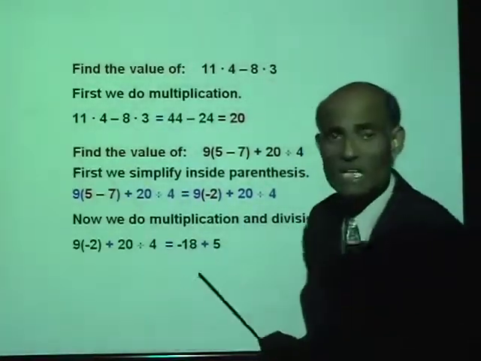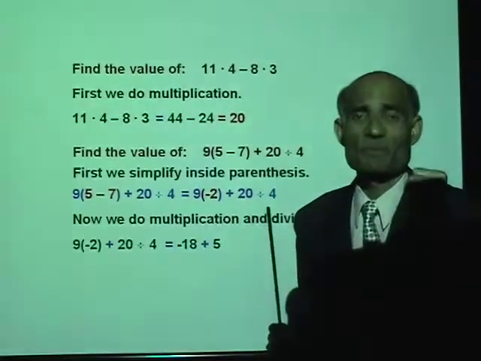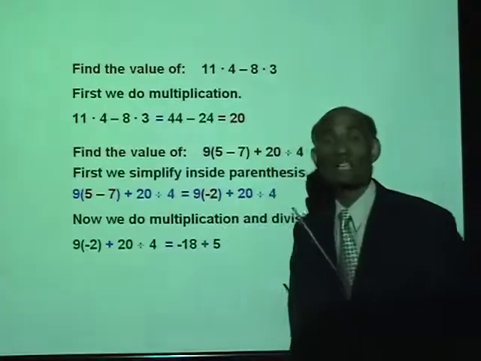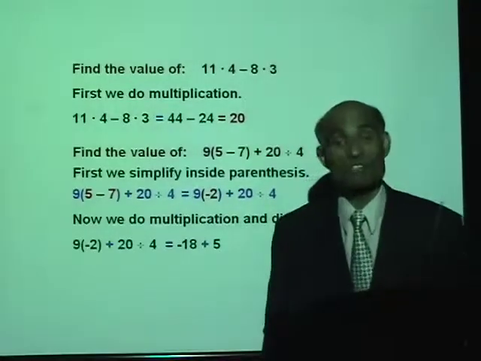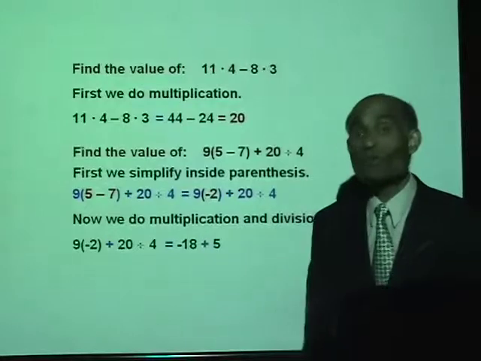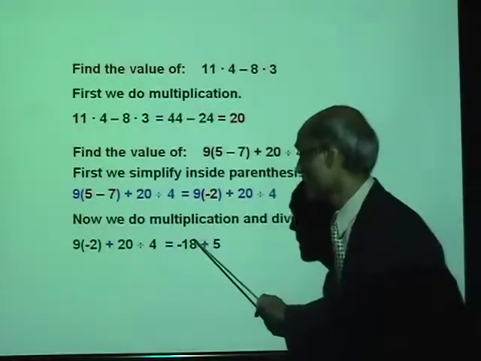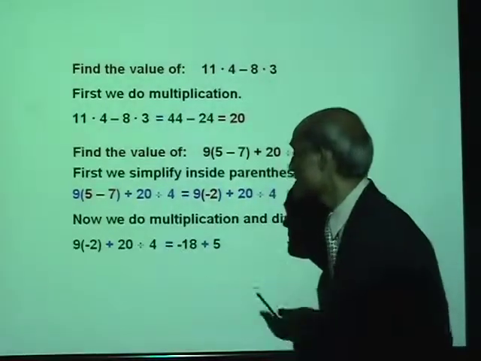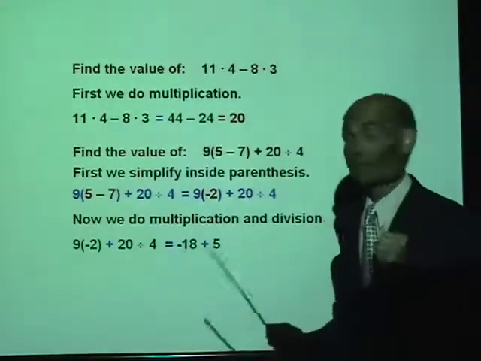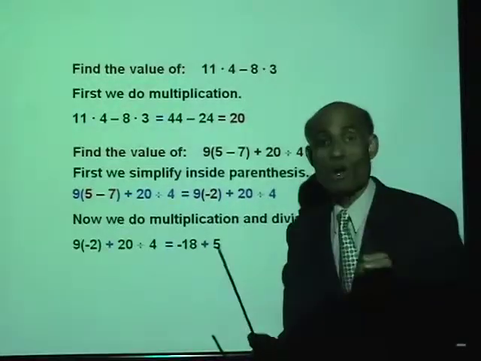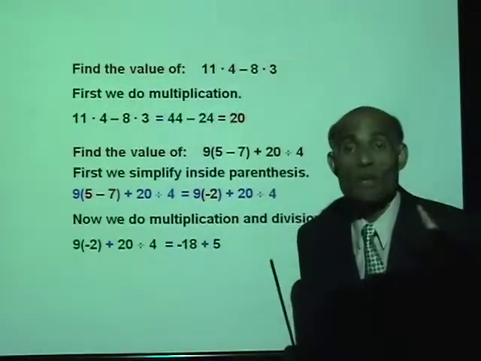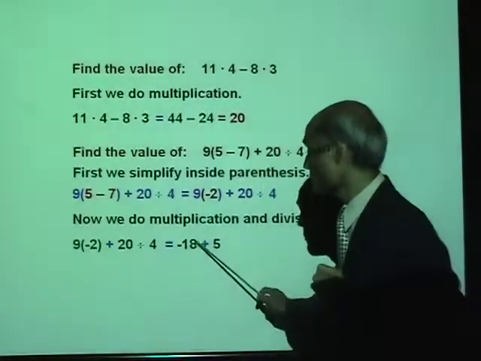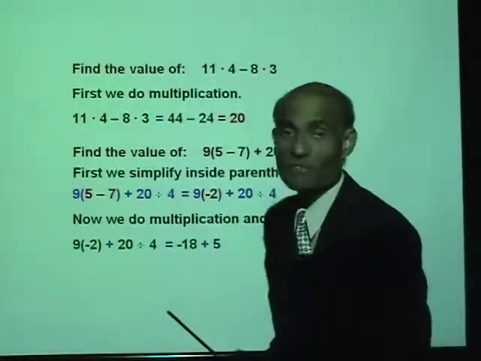What is negative 18 plus 5? Well, when you want to add numbers that contain negative and positive signs, what do we need to do? The number that contains the negative is bigger and the positive is smaller. That means the answer will be negative. So, find the difference. What is the difference between 18 and 5?